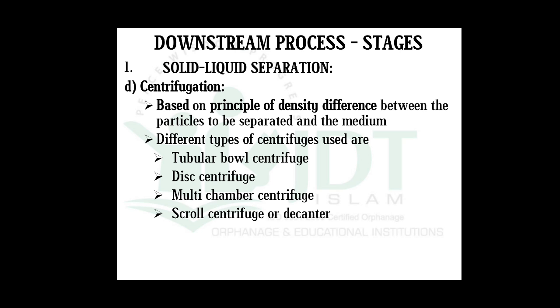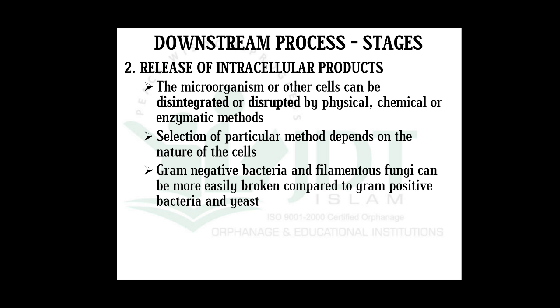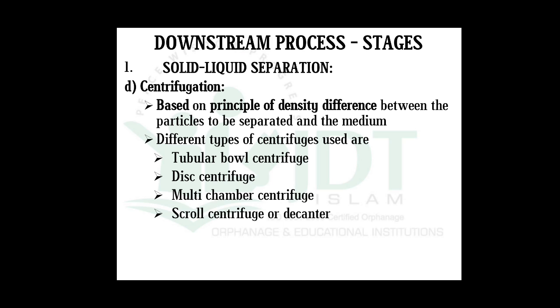So these are the different centrifuges used for centrifugation, which is one of the steps of solid-liquid separation. And these are the first step, the different methods for solid-liquid separation to separate the solid metabolites and product from the liquid culture.